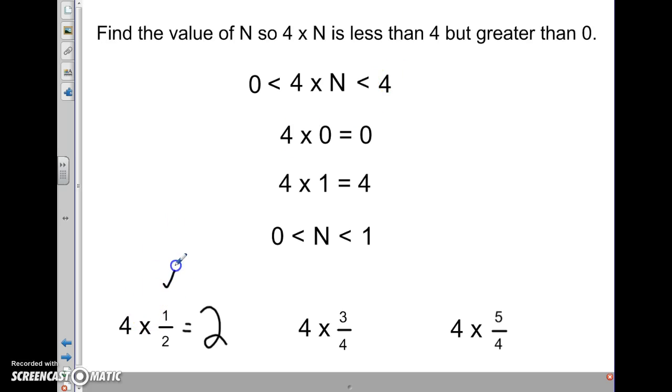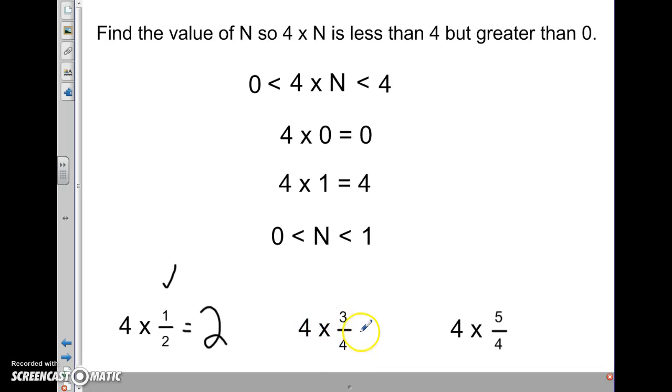That one works. Okay, what if n was 3/4? Is 3/4 a regular fraction? Numerator smaller than denominator. Check. Yes.